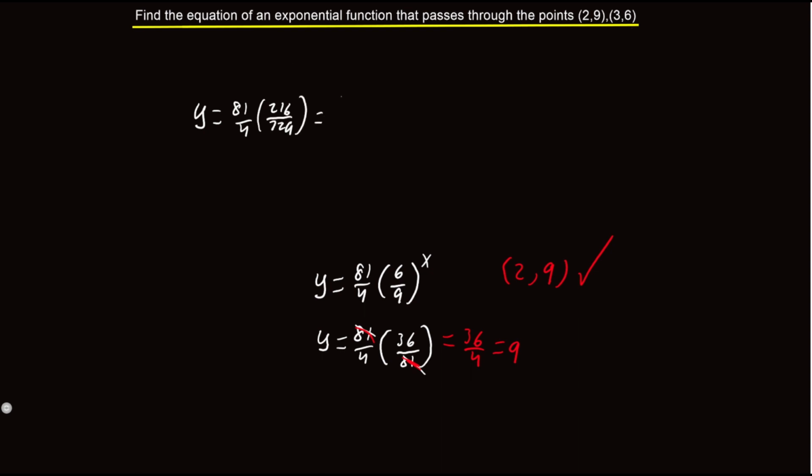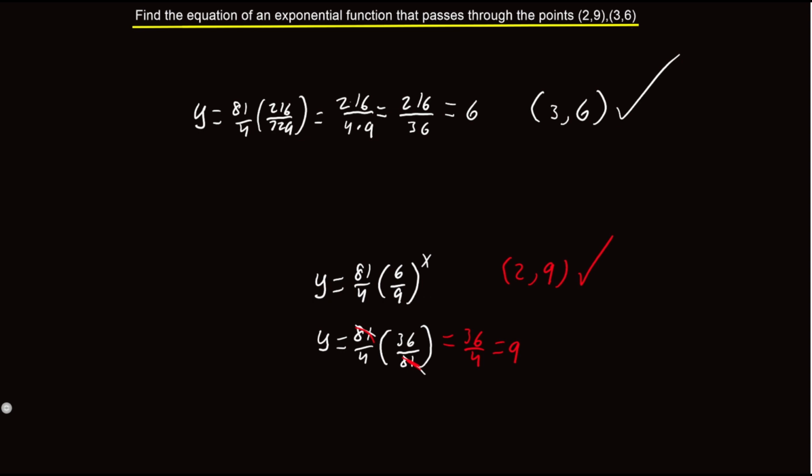So we have 216 divided by 4 times 9. And if we see 216 divided by 36, we end up getting 6, which is indeed our coordinate (3, 6). So we can go ahead and check mark that and say that our equation satisfies these 2 points.